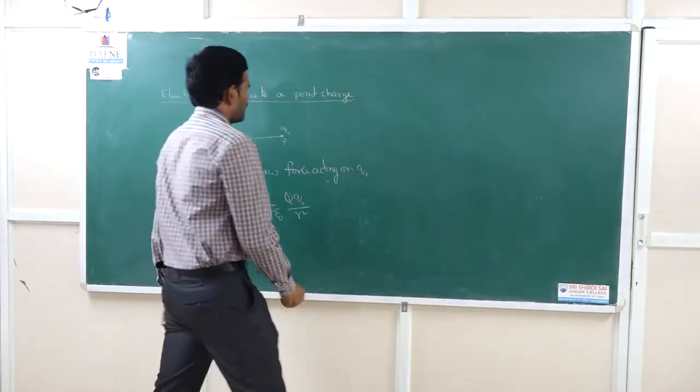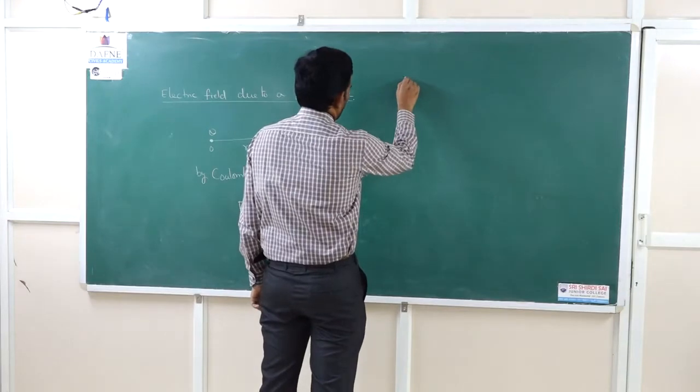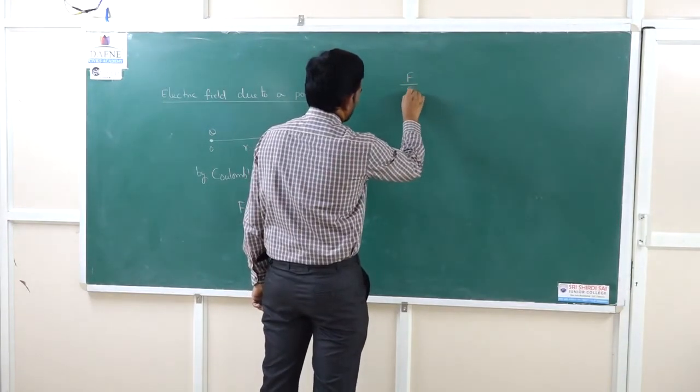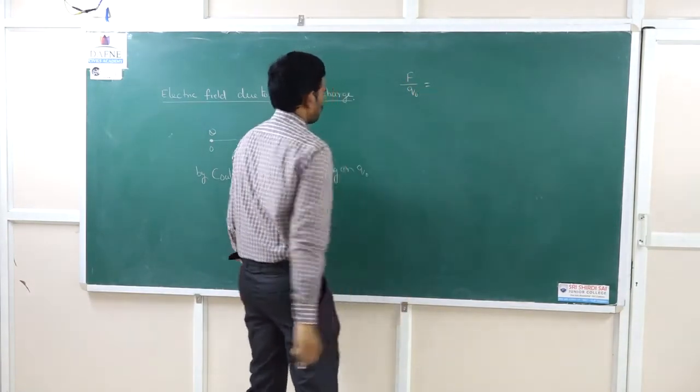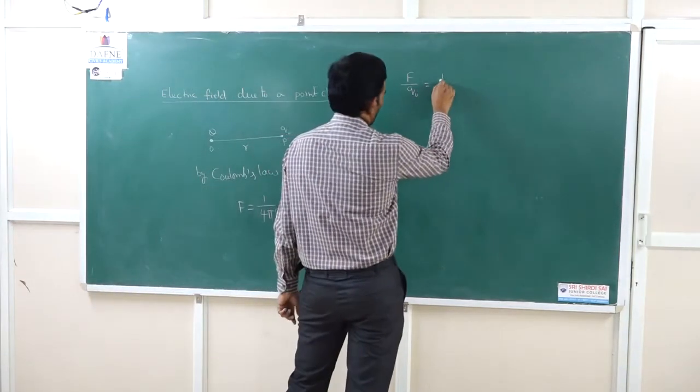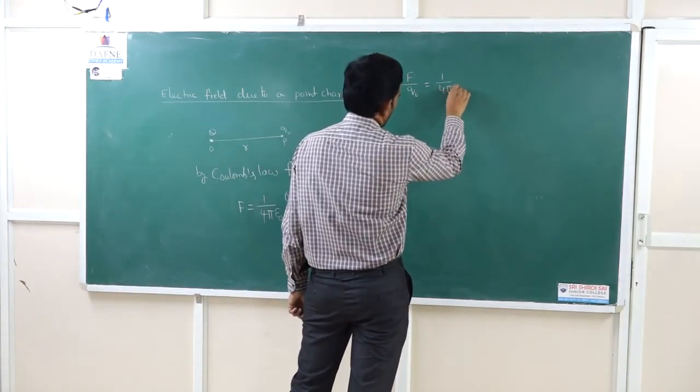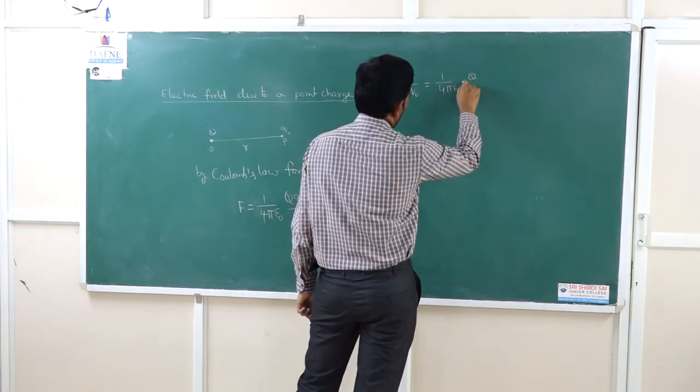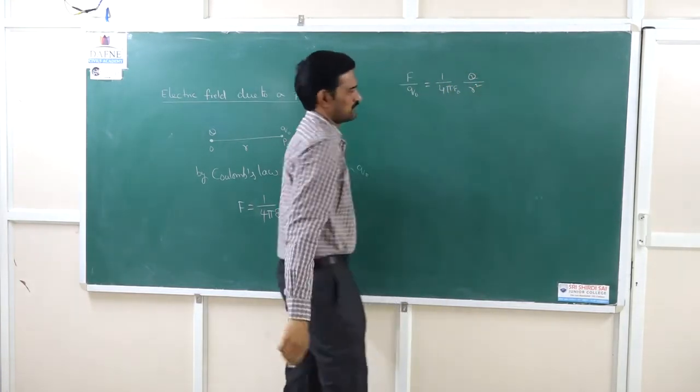Now from this I am writing F by Q0 is equal to 1 by 4 pi epsilon naught into Q by r square.